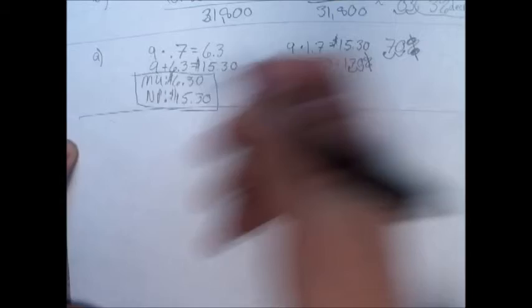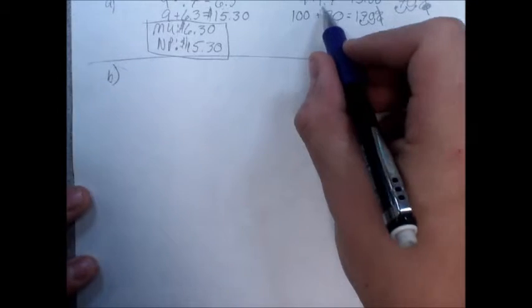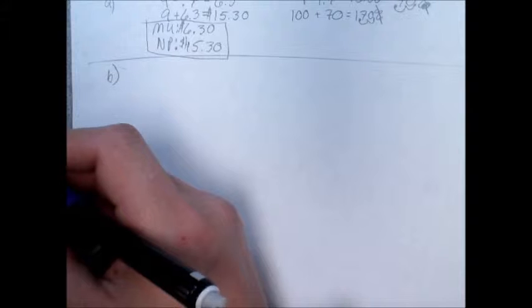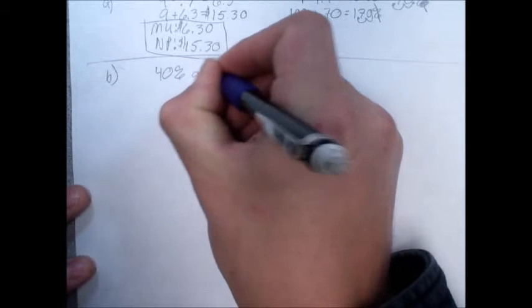Alright, so there's a new way to look at it if you'd like to. And it works the same way when you're doing different problems. You just have to keep in mind what you're paying. So on B it says a bookstore is having a sale. So this is a markdown of 40% off. So we're taking away.